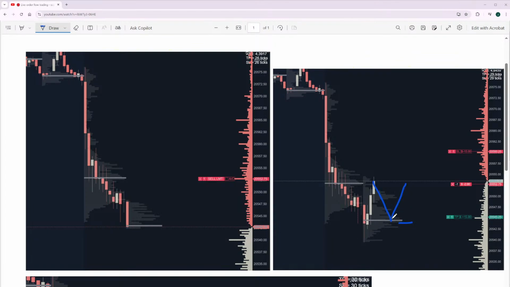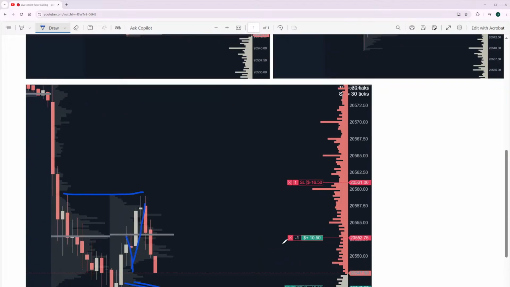I just prefer, even if I'm losing a few ticks here and there, in the long run my win rate is very high, because I'm always placing my take profit at the nearest resistance for the move. So even if price reverses, I get that bounce and then I'm out.